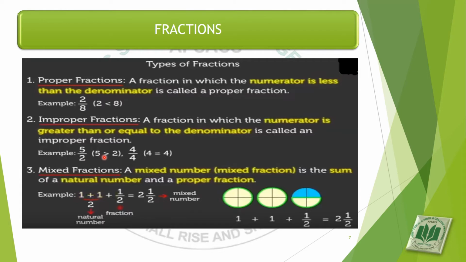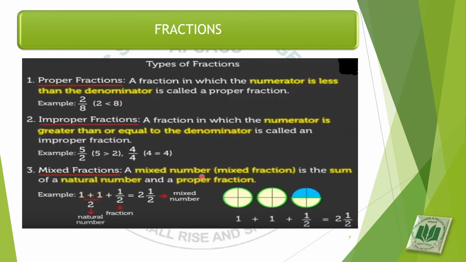As 5 is greater than 2, this is an improper fraction. Another example is 4 by 4. As the numerator and the denominator are both equal, this is also an improper fraction.